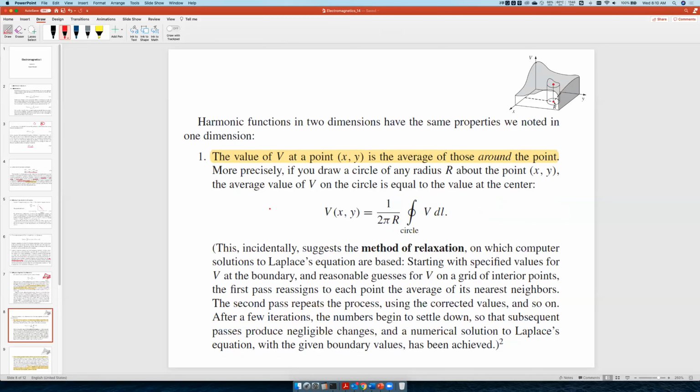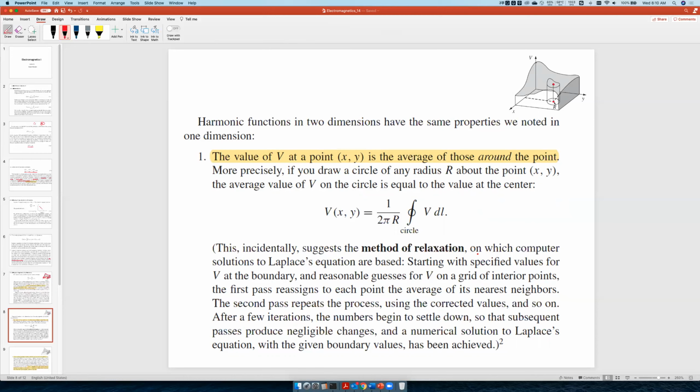So this incidentally suggests the method of relaxation. Here there's something beyond this, let's say beyond this course. This is something about solving the Laplace equations on computers.